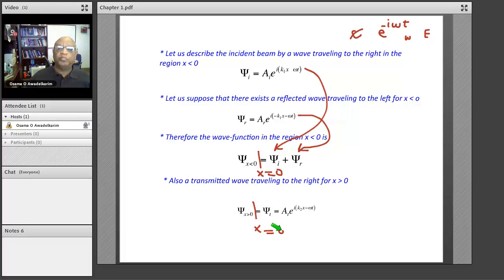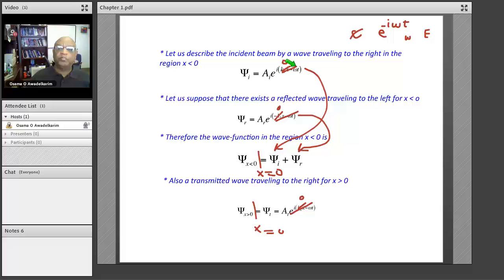So if you use x equals 0, this becomes 0. Each one of these becomes 0. This one also becomes 0. And then you have e to the minus i omega t here, here also, and here also. So you can actually cancel e to the minus i omega t throughout.